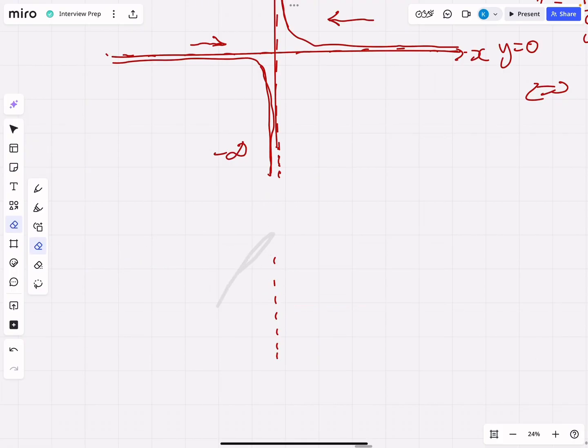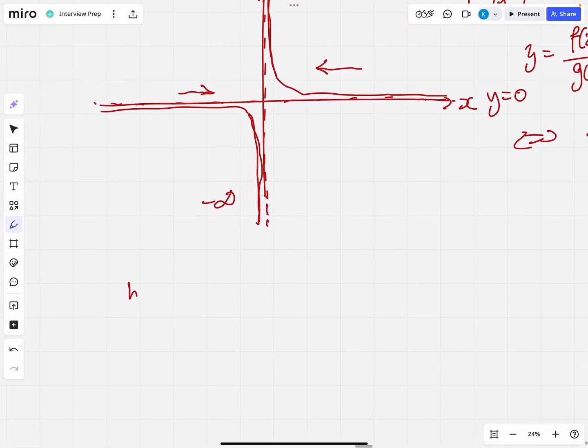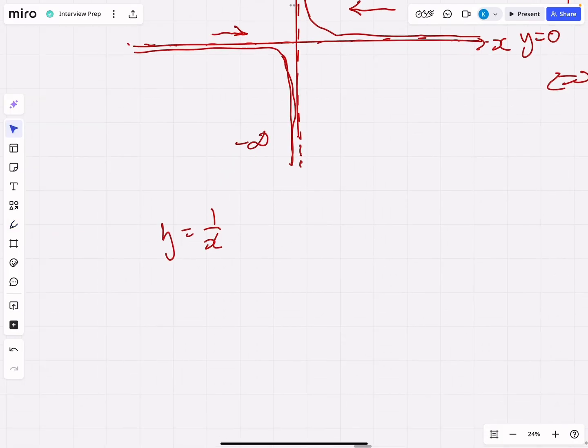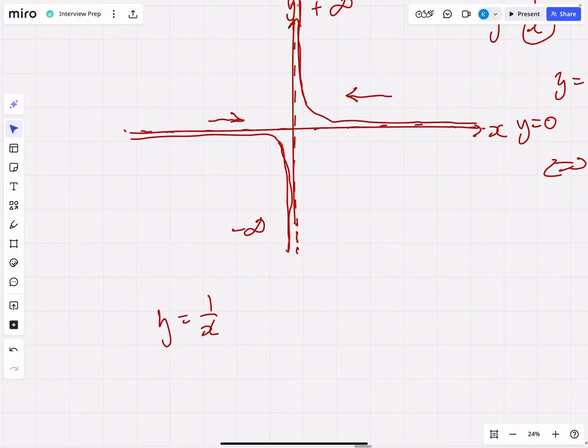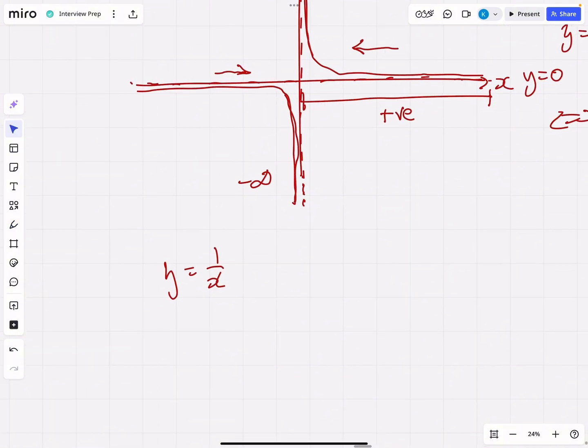So let's analyze why this happens. Well, if I look at y equals 1 over x, and I'm thinking about x positive, I know that my function is going to be positive, simply because 1 is always positive. And so if I divide it by another positive number, I'm going to get a positive result, right?